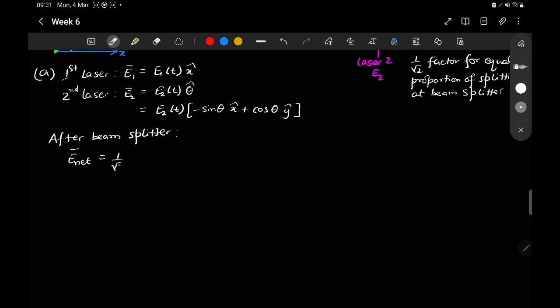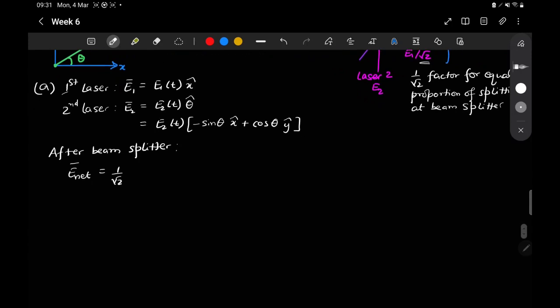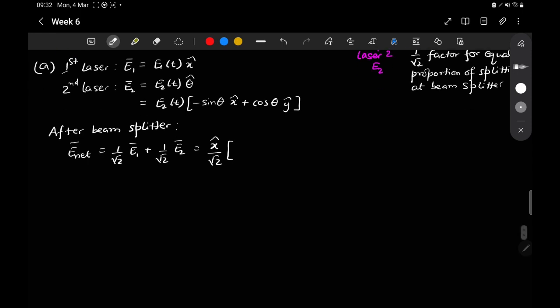So the net electric field is the sum of these field contributions from laser 1 and laser 2. And then let us split in the x and y directions. Write it in the x and y components.